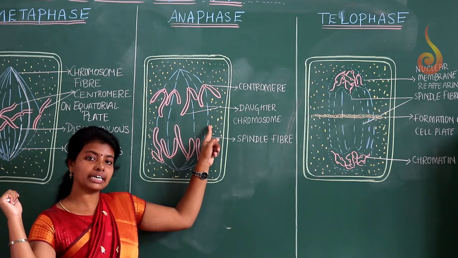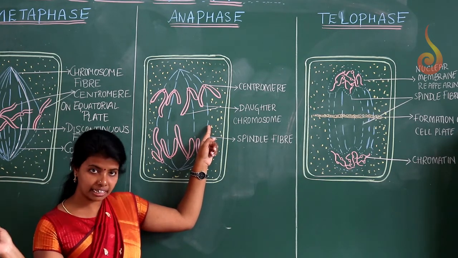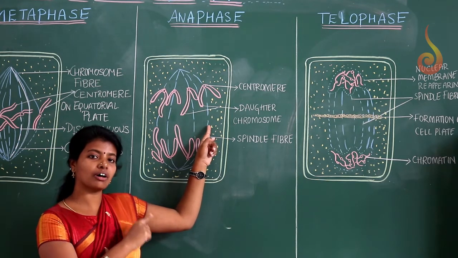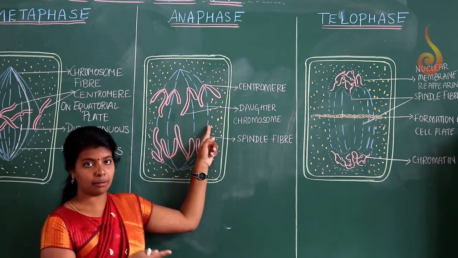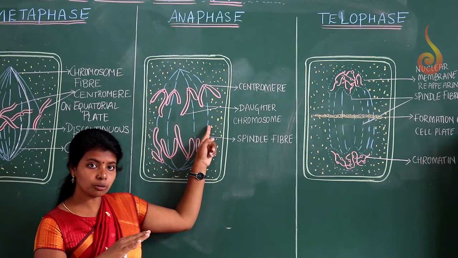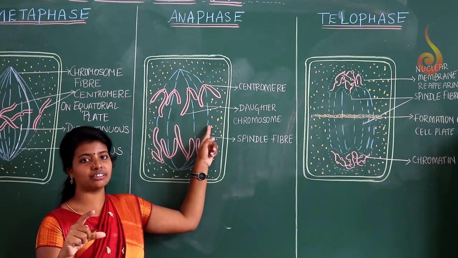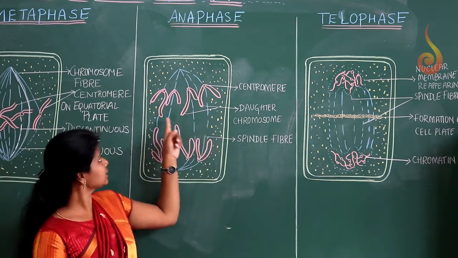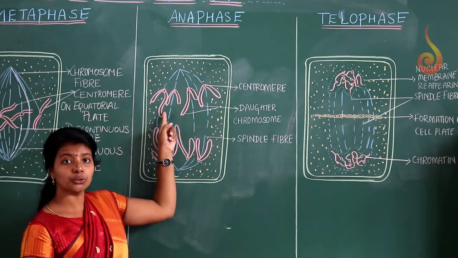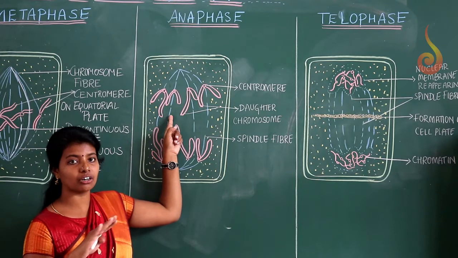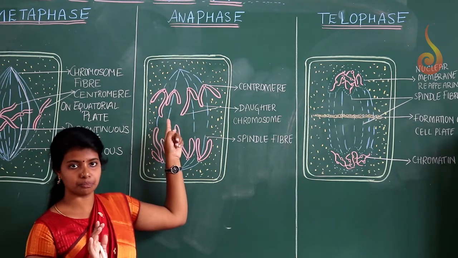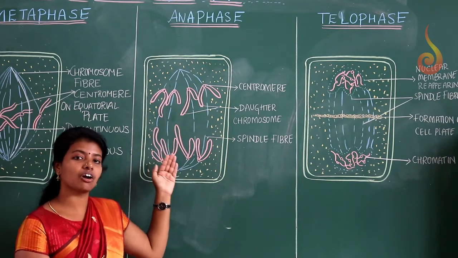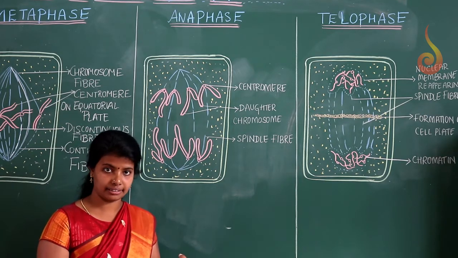I was calling it a chromosome in the metaphase stage. Now I am calling it a chromatid because the chromosome is a complete structure having 4 chromatids. But now it is having only 2 chromatids. Now we cannot call it a chromosome. Now onwards we will call it a chromatid.